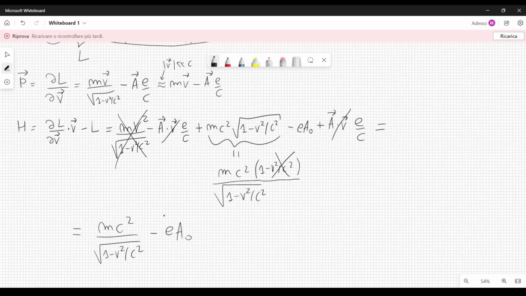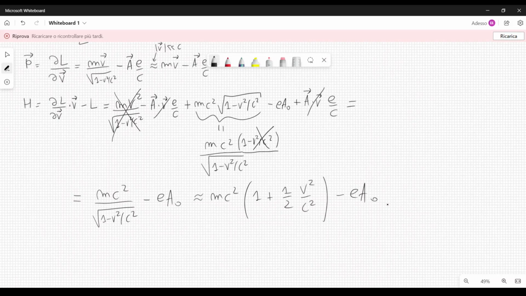And for small velocities, this will be approximately equal to mc squared times 1 plus 1/2 v squared over c squared. So I have simply expanded this square root in the denominator, minus e a0. Therefore, this will be approximately equal to mc squared plus 1/2 mv squared minus e a0.